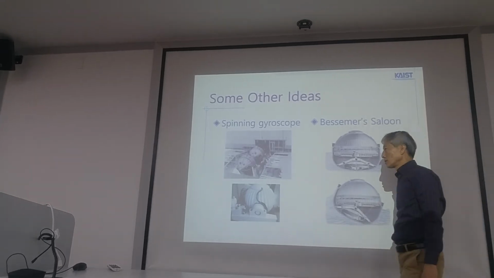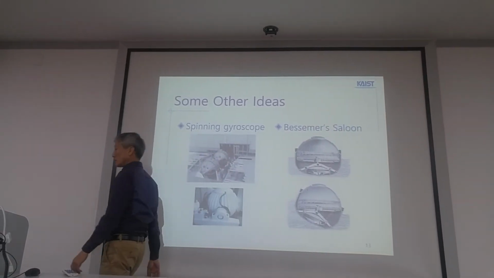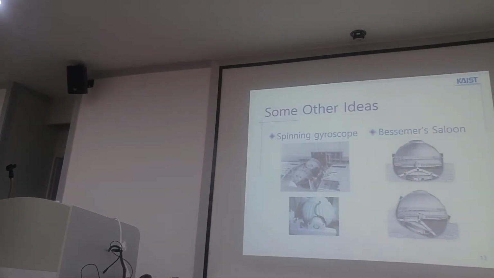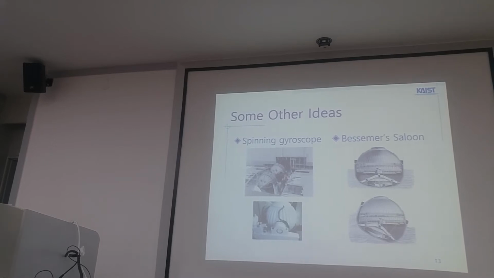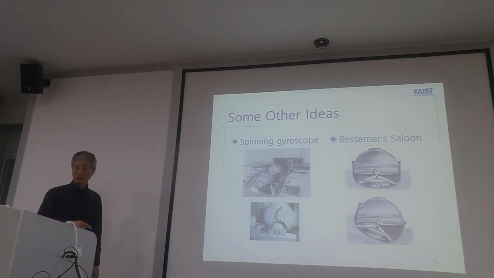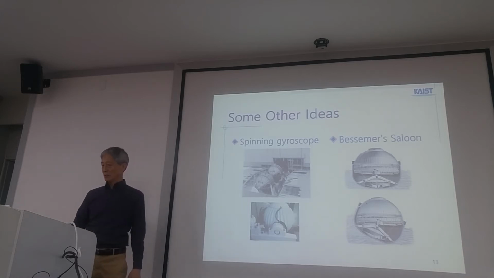The smartphone has vibration, right? That is an unbalanced weight rotating. Same idea as this one. But the unbalanced weight should be tons, 10 tons, 100 tons. So it's not easy. But it can be used, right? The idea is working. The physics is working, but realization is not easy.